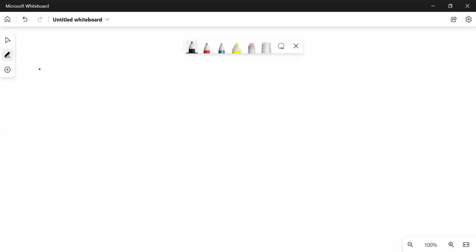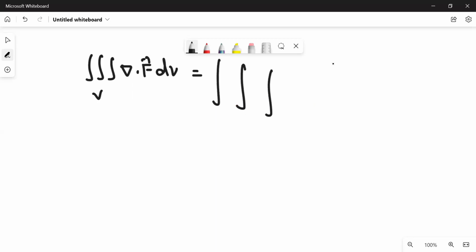Next, we are going to evaluate the triple integral of del dot F dV, where 2 can be taken out. This is the right hand side. The triple integral of del dot F dV over the volume V, for this problem, is the triple integral of 2(x + y + z) dx dy dz.